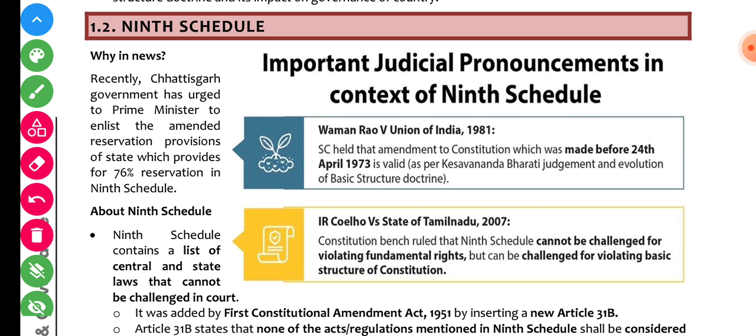So in the Waman Rao case, the Supreme Court held that amendments made before 24th April 1973 are valid, but after 24th April 1973 the amended rules are null and void.